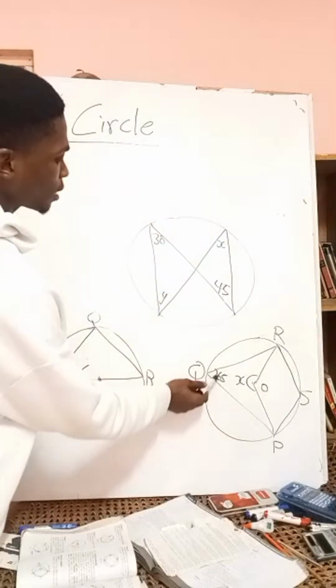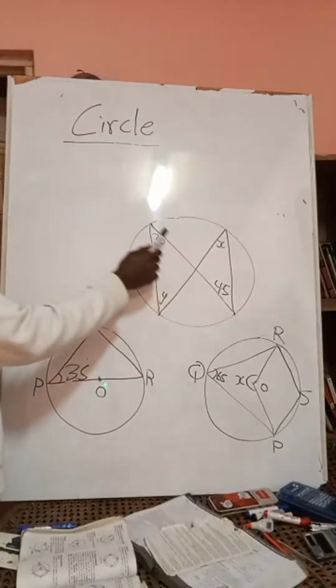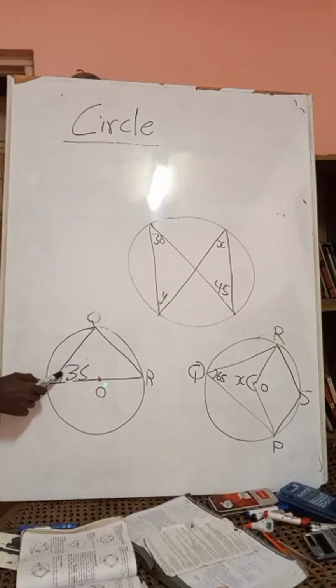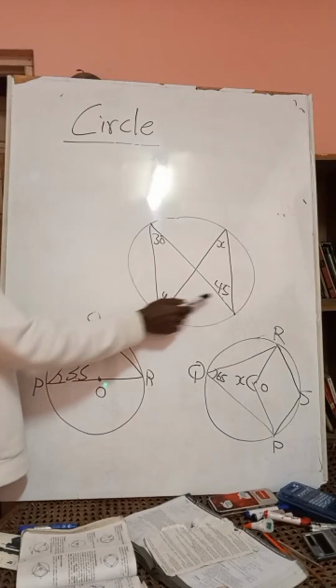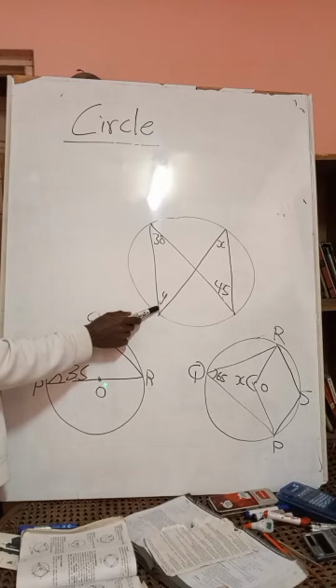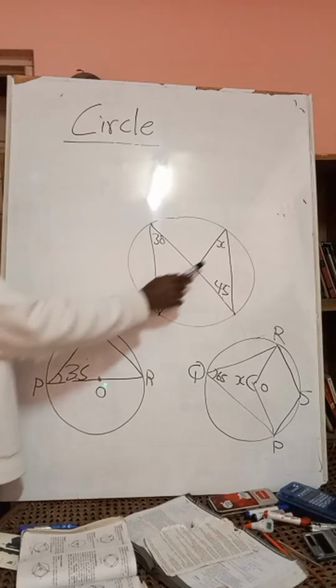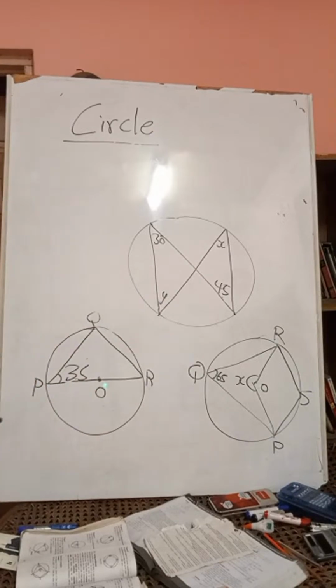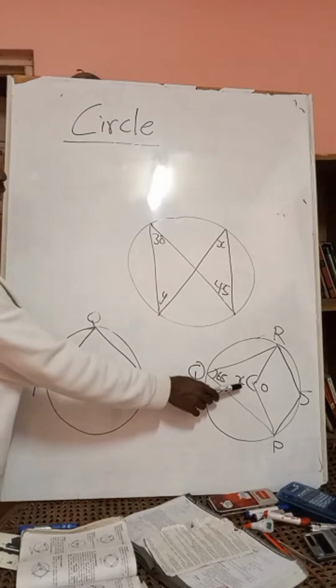Here is 65. 45, 35, 35. This is 30. Sorry, 30, 35, 40. This is Y. This is X. And this is also X. This is X.